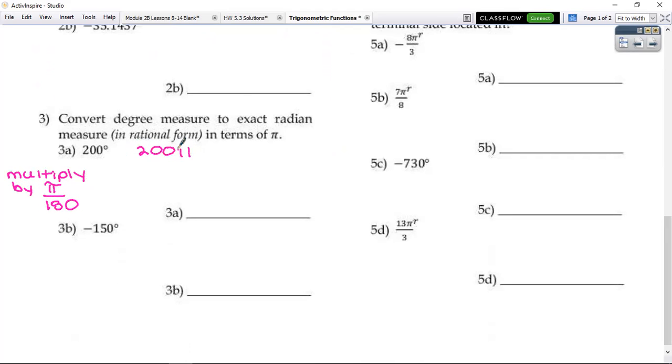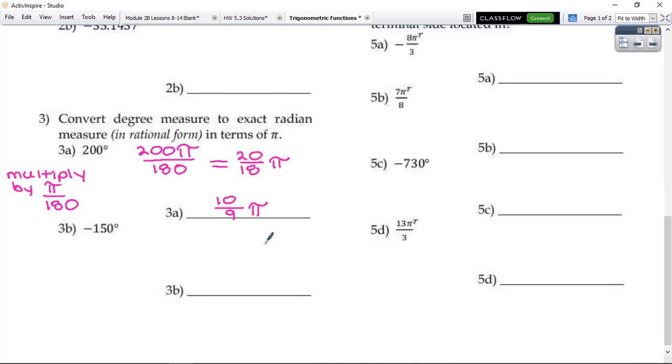So 200 pi over 180. Again, in the calculator, please do not type the pi. You're going to reduce this. So if I just get rid of the 0, I'm at 20 over 18 pi. And then I divide these by 2. So this would be 10 over 9, and then pi.